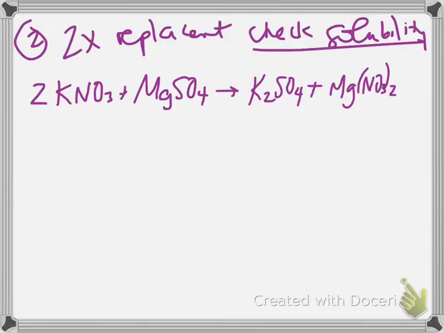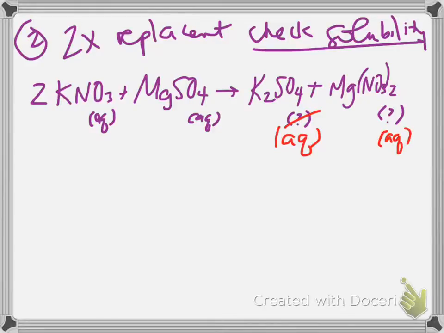Okay, so we know that these are in aqueous solution. We're unsure of the state of these. Are they soluble or not? So check your solubility. What do you find? Okay, so the potassium sulfate is soluble, so it's going to be an aqueous solution. What about the magnesium nitrate? Yeah, it's also soluble.